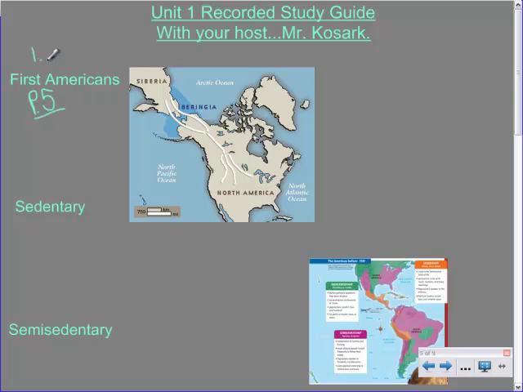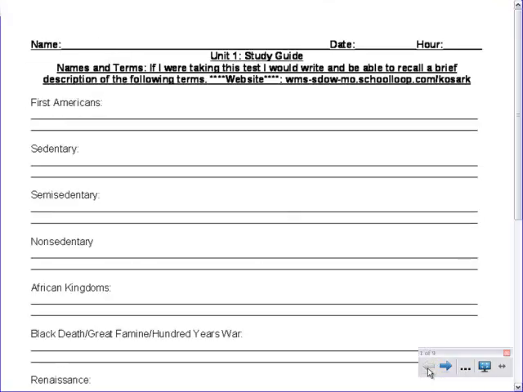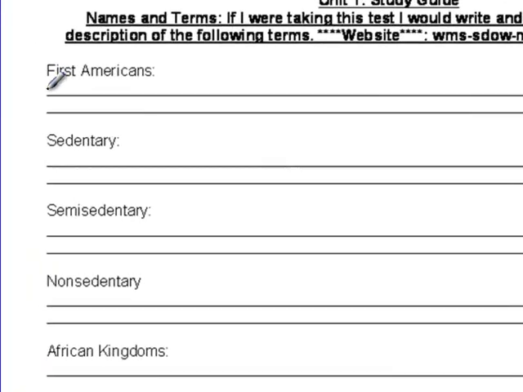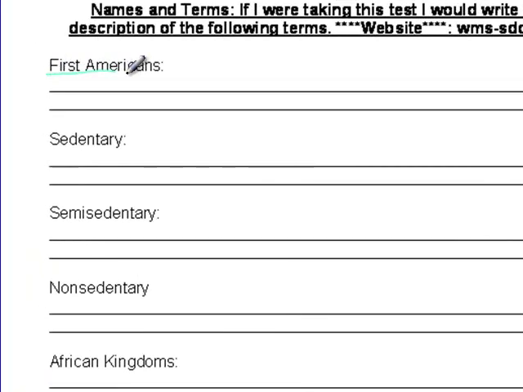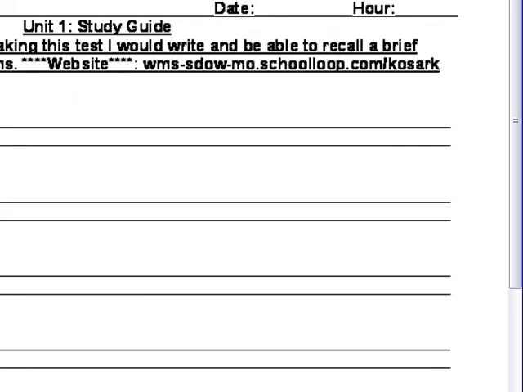It's chapter 1, section 1. And you would put that on your study guide right here under First Americans. So you would put page numbers and all the important stuff that I talk about each one of these terms on your study guide.